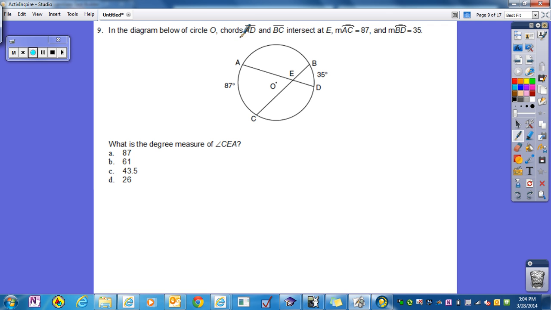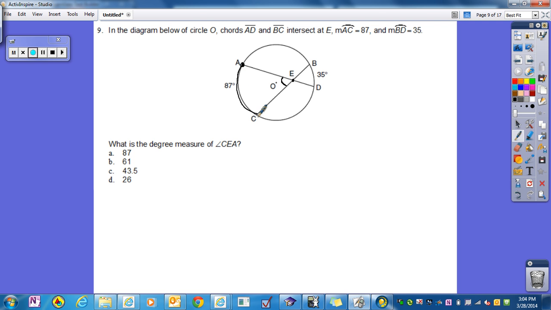Alright, in number 9, it says that AD and BC are chords and they intersect at point E. And I want to know what is the degree measure of CEA. So we're looking for this angle right here. Since these two chords are intersecting inside the circle, you have to add your two arcs.